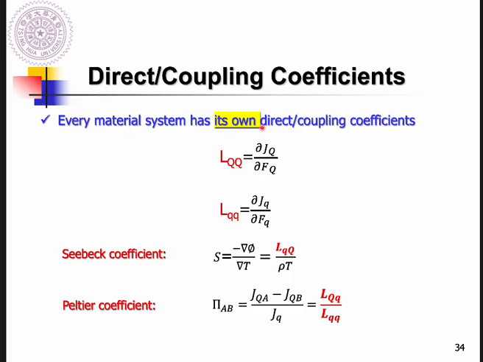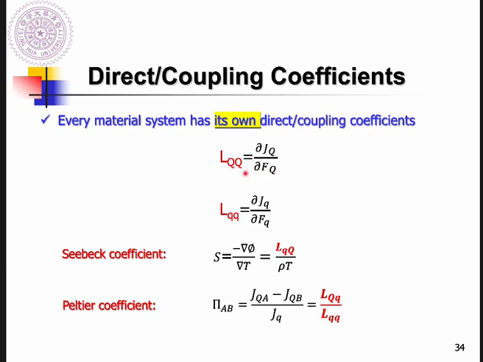Every material has its own direct or coupling coefficient. Due to this, even if we apply the same driving force to different materials, it will lead to different flux. This is why: every material has its own direct and coupling coefficient.